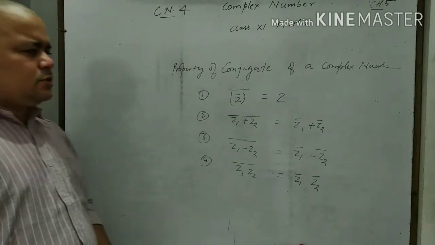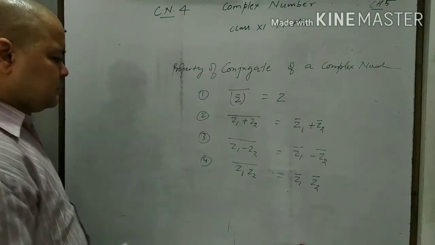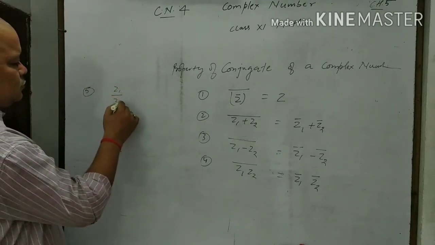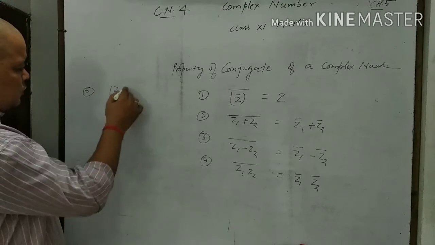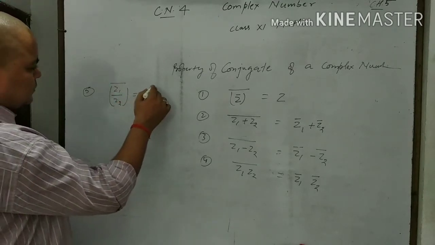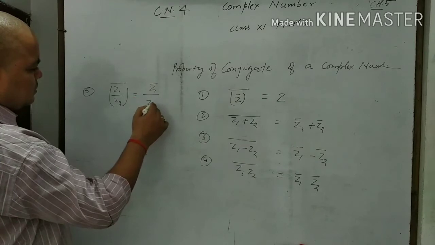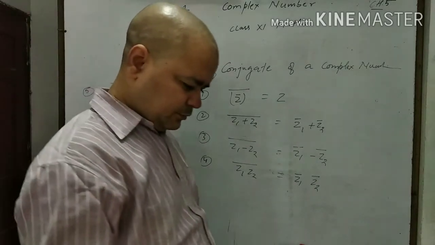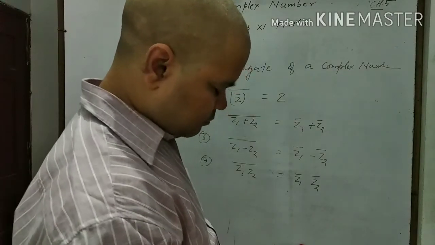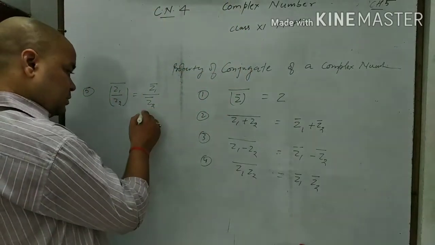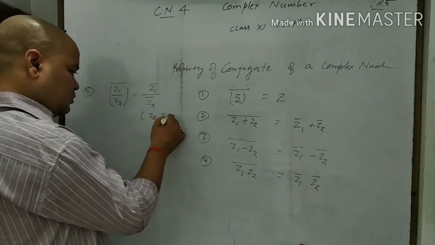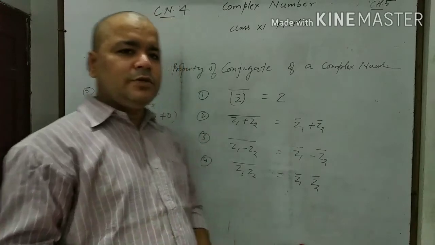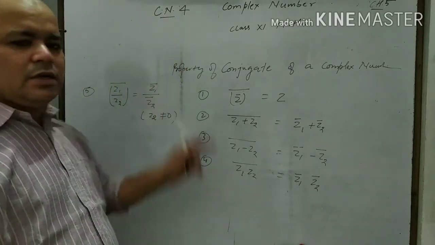The fifth one, conjugate of z1 upon z2 is equal to conjugate of z1 upon conjugate of z2 separately. But what is the condition? But z2 should not be equal to 0. Why? Because its denominator will be 0, then the total value will be undefined.